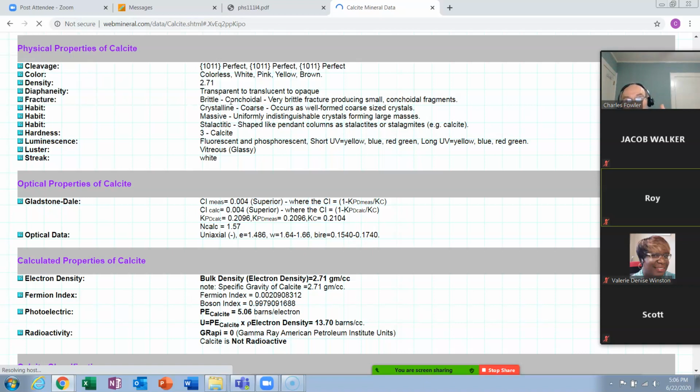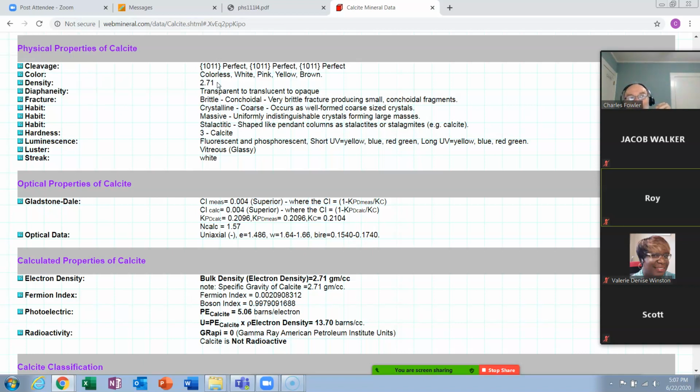Okay, and what was the 6th column? Density. And there it is. Actually, that is specific gravity. So either specific gravity or density. The reason I know this is specific gravity, it has no units. Density will always have a unit.